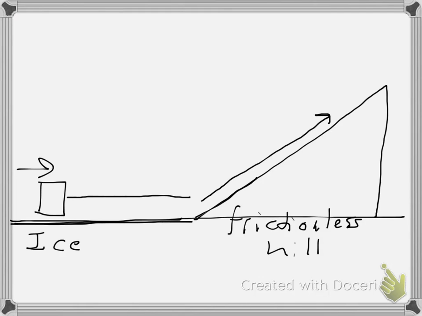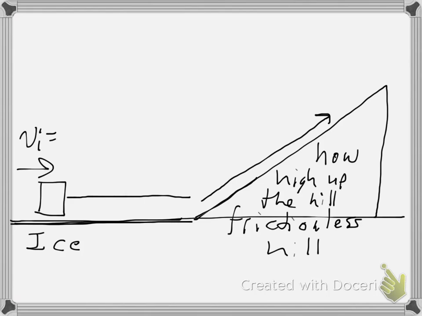So in this case, if we wanted to find how high up the hill the box will go if we knew its initial velocity, let's just say that the initial velocity was 2 meters per second, just for kicks and giggles.